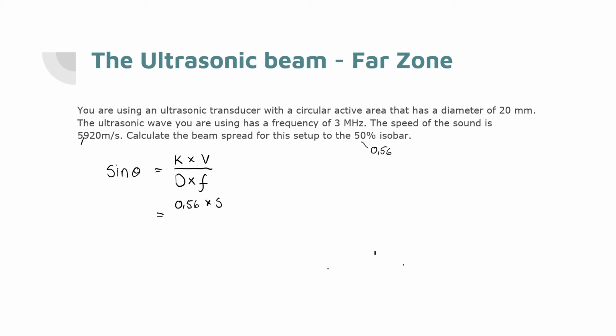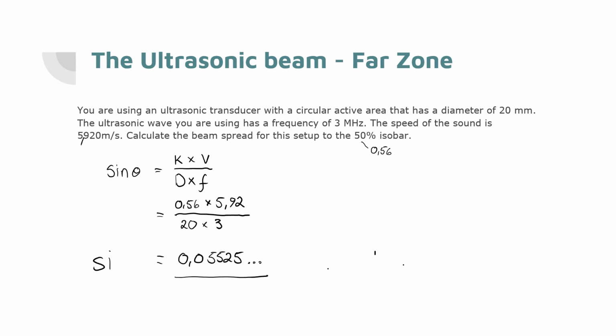The velocity, remember to put in that comma, and then the diameter here is 20 and the frequency is 3. Now at the end of the day, you should come to something like 0.05525, etc., etc.